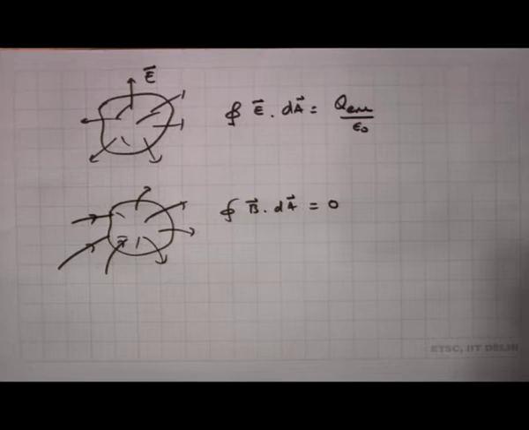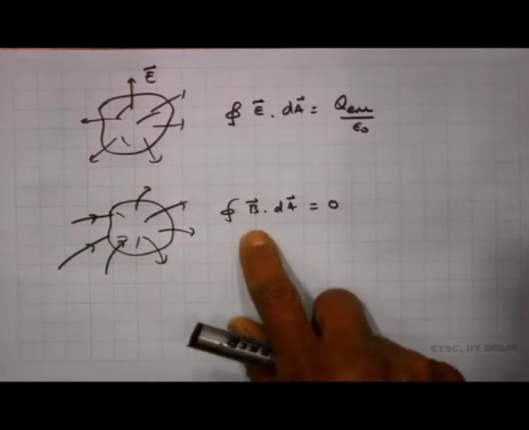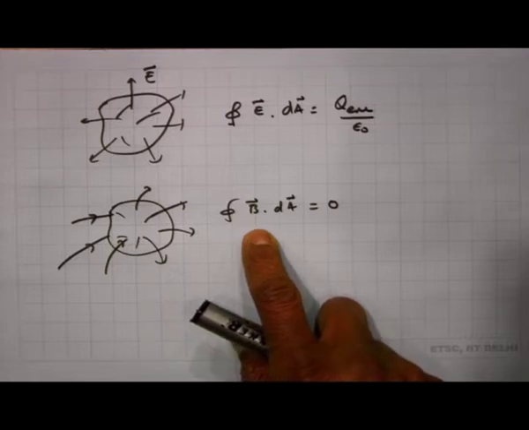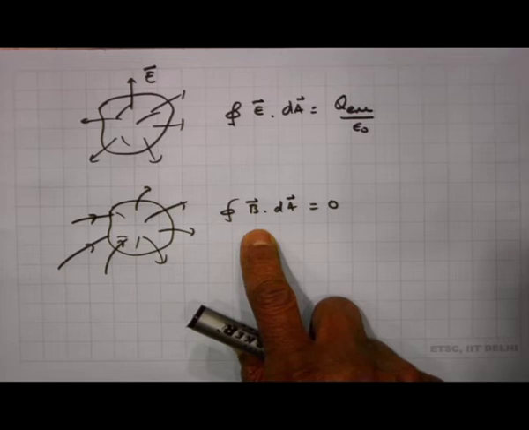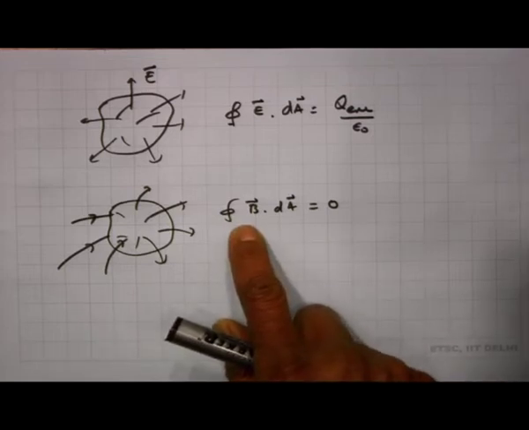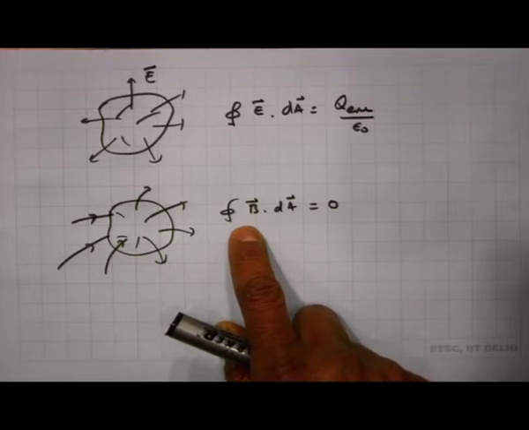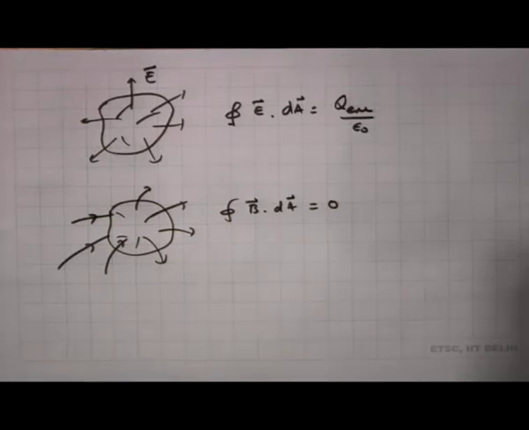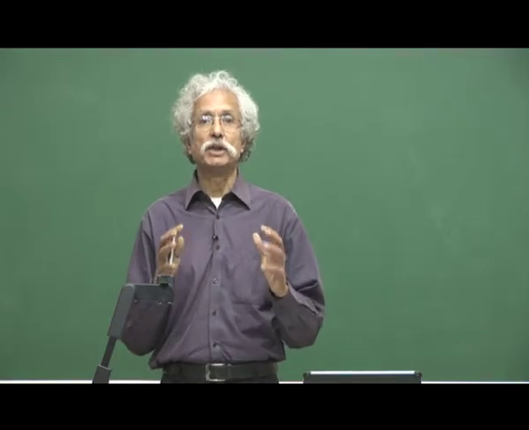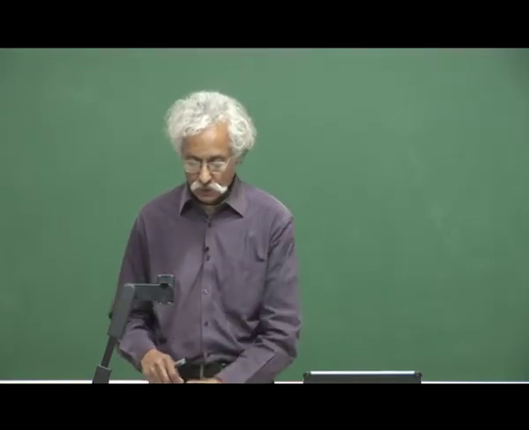This also implies that there are no magnetic charges, that is, no points from which magnetic field lines emerge or converge. In other words, magnetic monopoles do not exist. Magnetic field lines are always closed lines, so if you take a closed surface, the net magnetic flux through that surface will be 0. This is the second law.